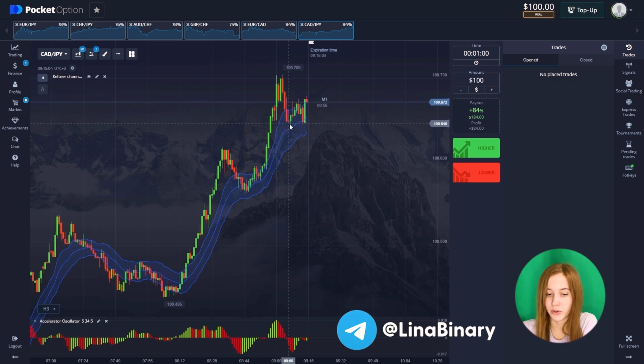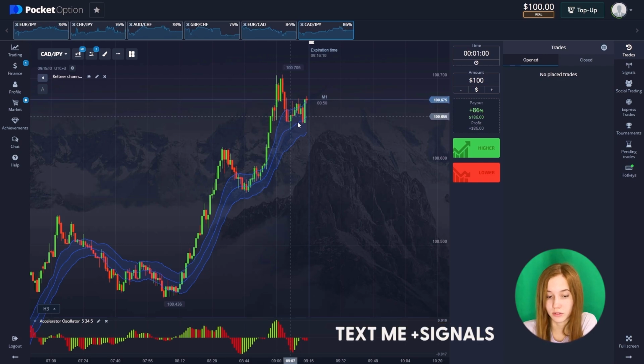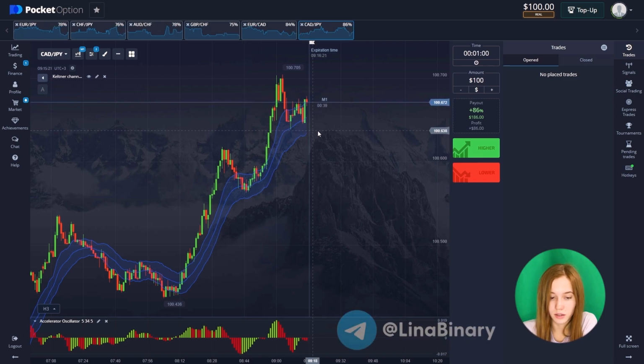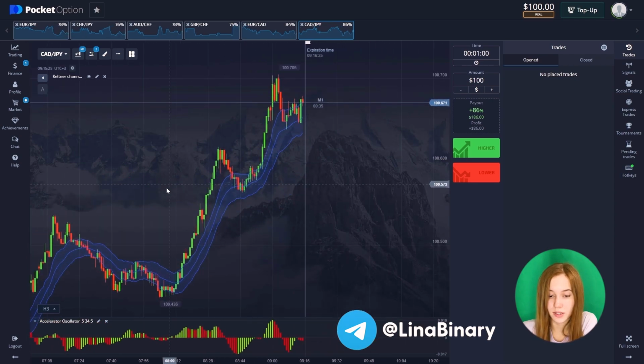This indicator often shows how strong the volatility is. That is, if the channel is quite wide, it's often consolidation. Here we see it, consolidation. This one is also small, and shows us the trend direction.